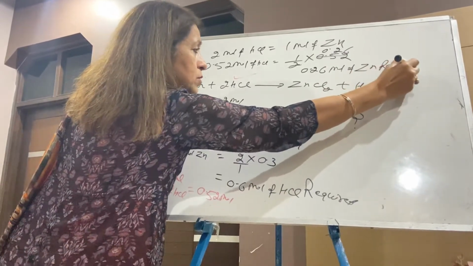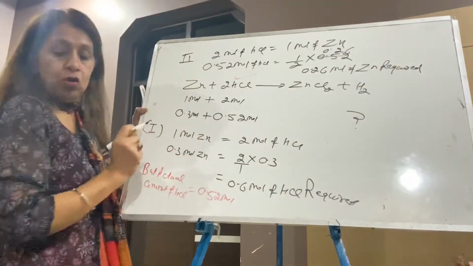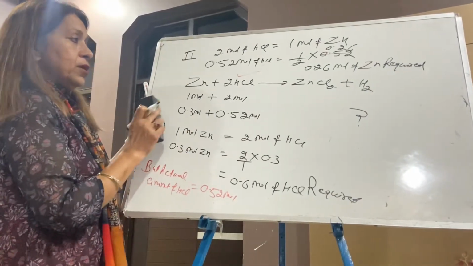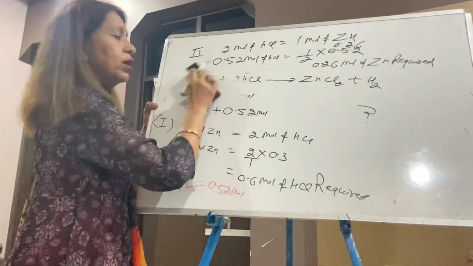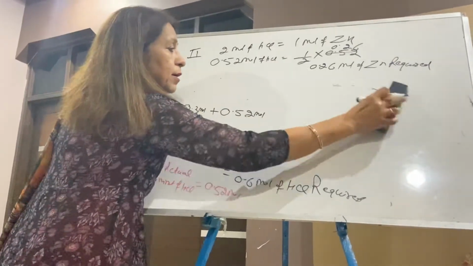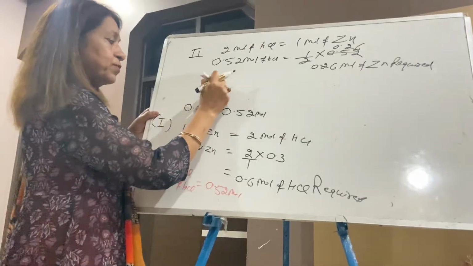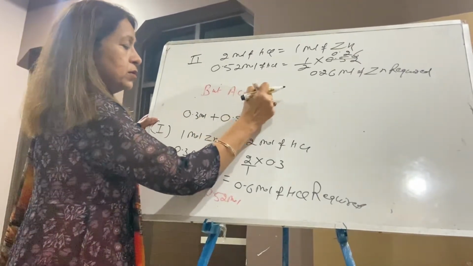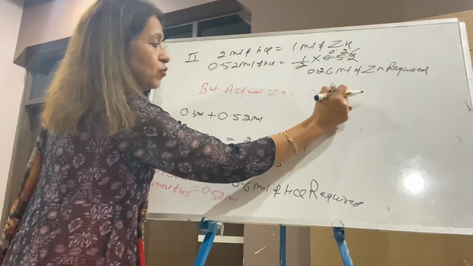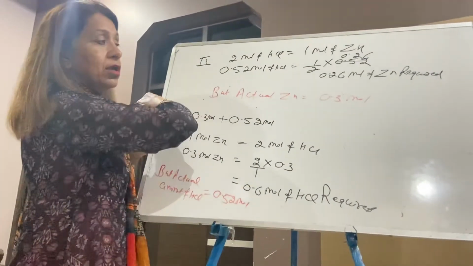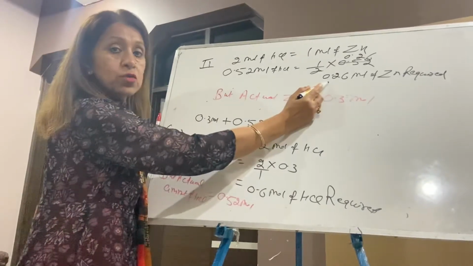Write down: 0.26 mole of zinc required, but the actual amount of zinc given is 0.3 mole.